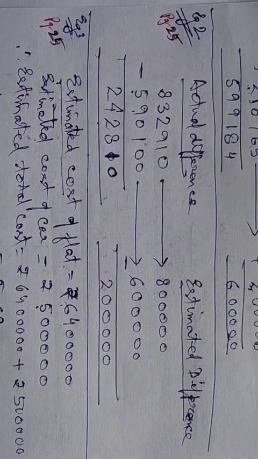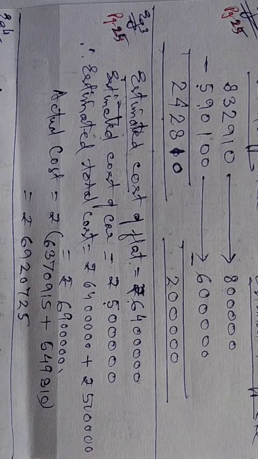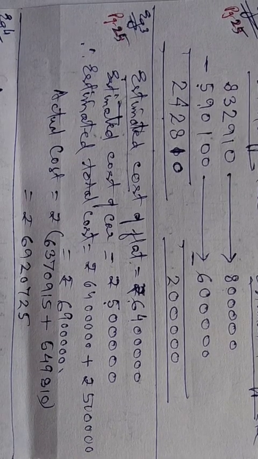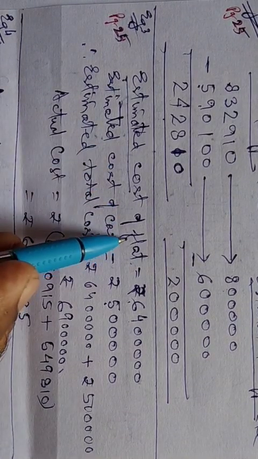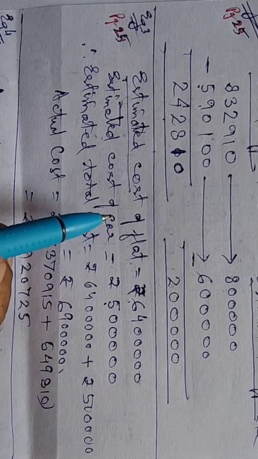Okay children, next example 3. Rishabh spent some rupees on buying a flat and some rupees on buying a car. Estimate the total cost he paid and compare with the actual cost. So children, first write the estimated cost of the flat, because you have to find the estimated total cost.